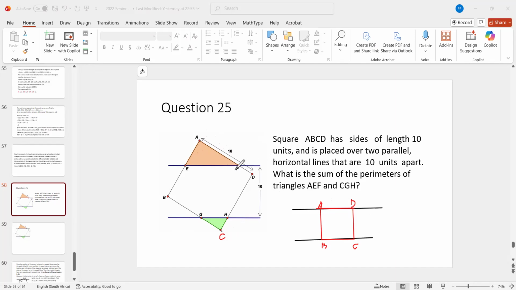So the F becomes D. This is the same as F. And here, when you put it down like that, the B is on this side, the C corresponds with the H. So this is H. And the B is G. And the A is E.